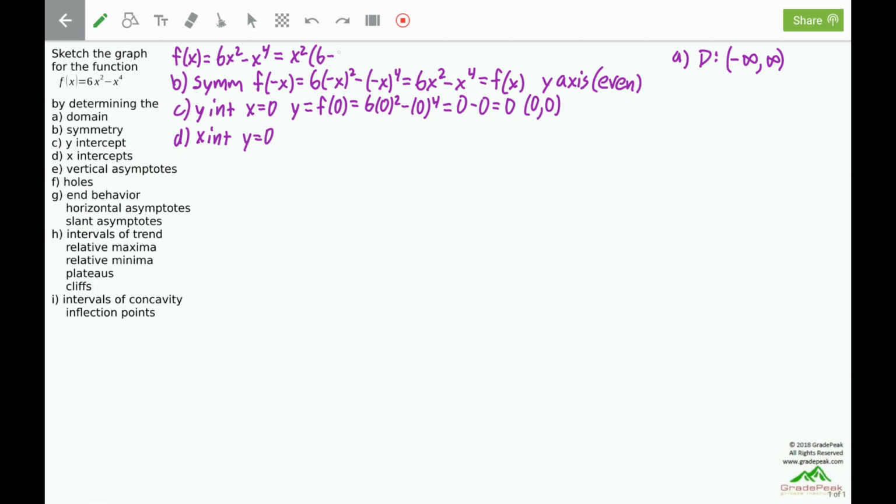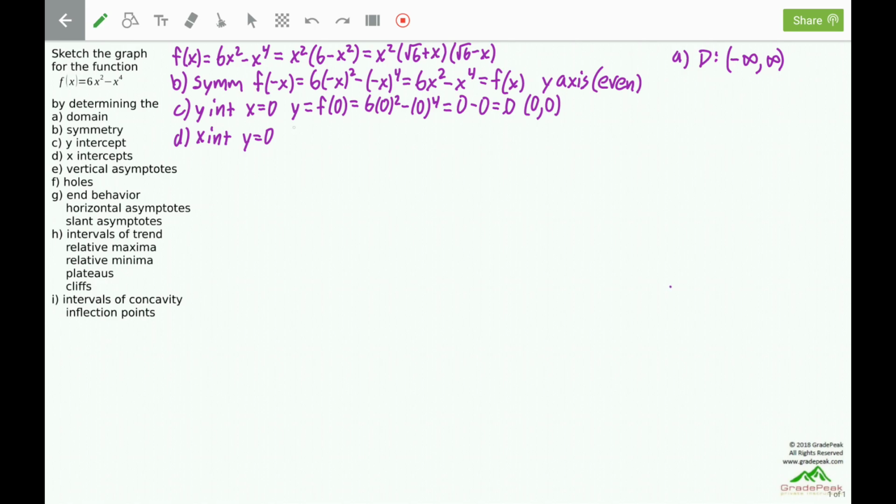Factoring that out will leave behind 6 minus x squared, which is a difference of squares. 6 is not a perfect integer square, but it can be thought of as root 6 squared. Root 6 times root 6 is 6. And therefore, it can factor as a difference of squares into root 6 plus x and root 6 minus x.